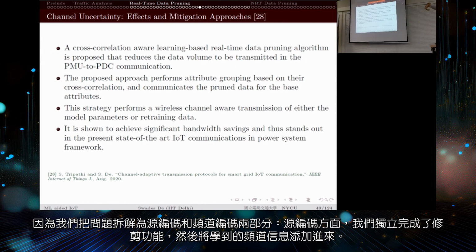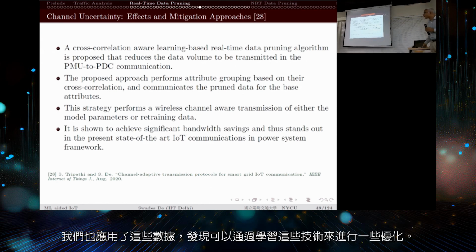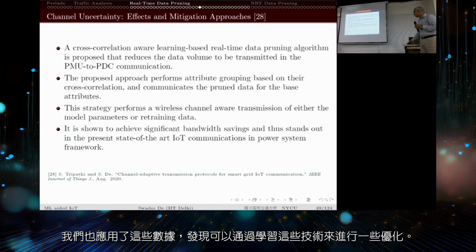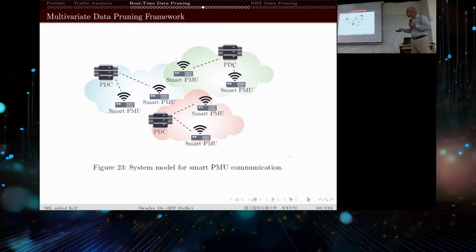The source we have handled independently, with that pruning capability, and then there is the channel redundancy we will add. We applied these three methods and figured out that something can be optimized by a learning-based technique. We were doing something well. This is in the context of real-time IoT single variate data. We reduced the generalized IoT data to single variate data because that was of our immediate interest.